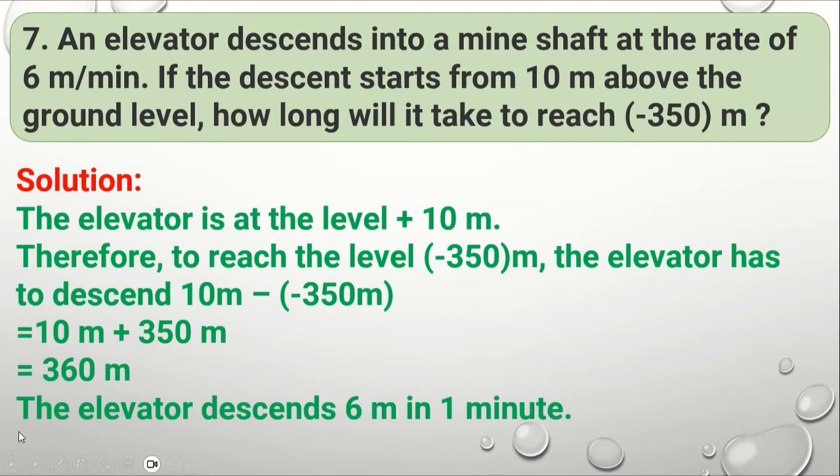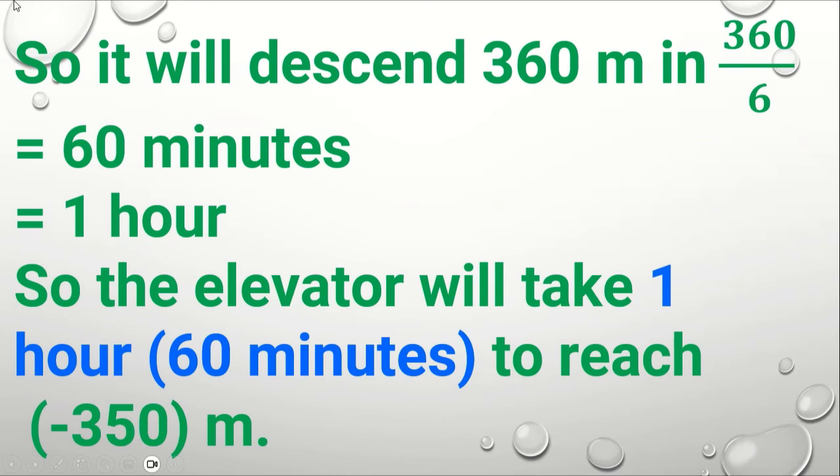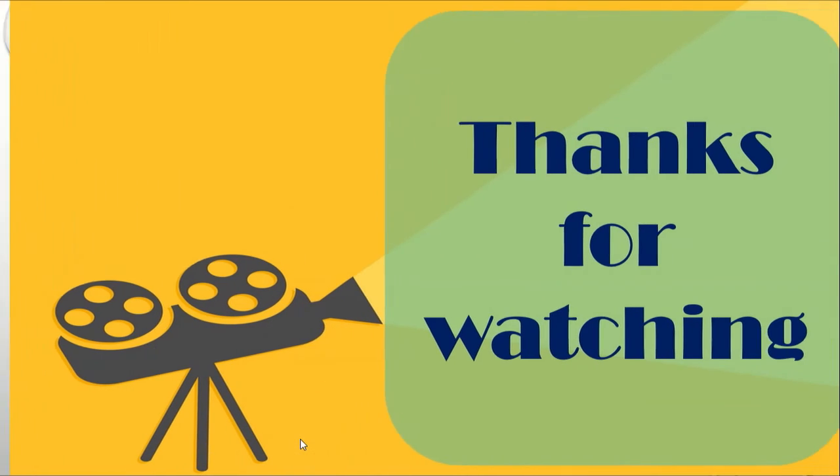So 10 meters plus 350 meters, that is 360 meters. The elevator descends 6 meters in 1 minute. So it will descend 360 meters in 360 upon 6, that is 60 minutes, that is 1 hour. So the elevator will take 1 hour, that is 60 minutes, to reach minus 350 meters.